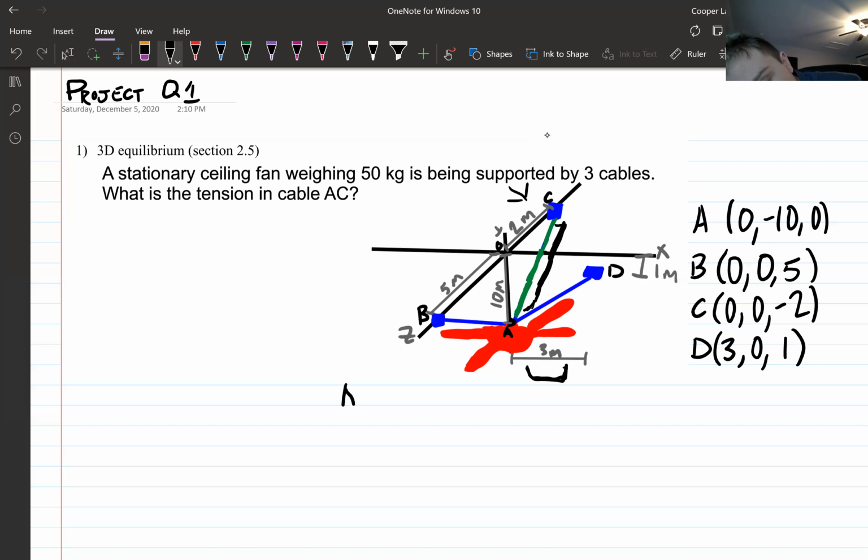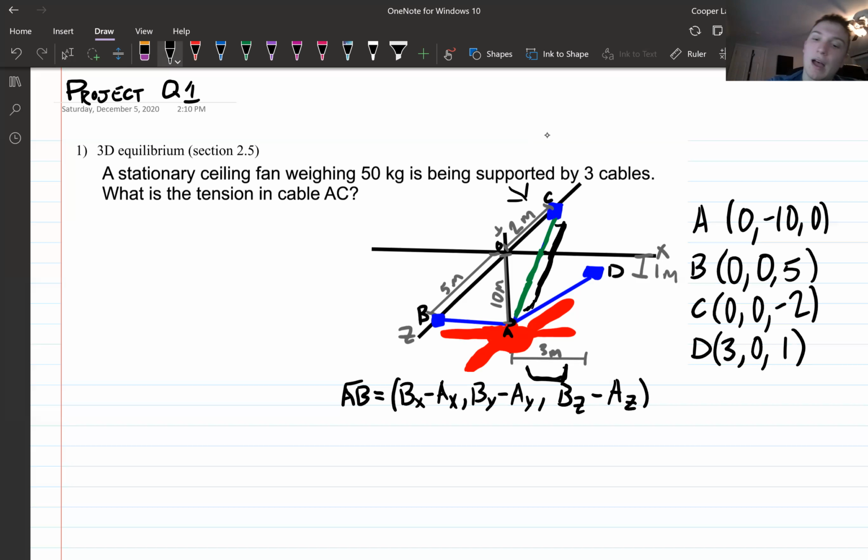When I do AB, what this equals is B sub x minus A sub x, comma, B sub y minus A sub y, and, not C sub z, sorry about that, B sub z minus A sub z.